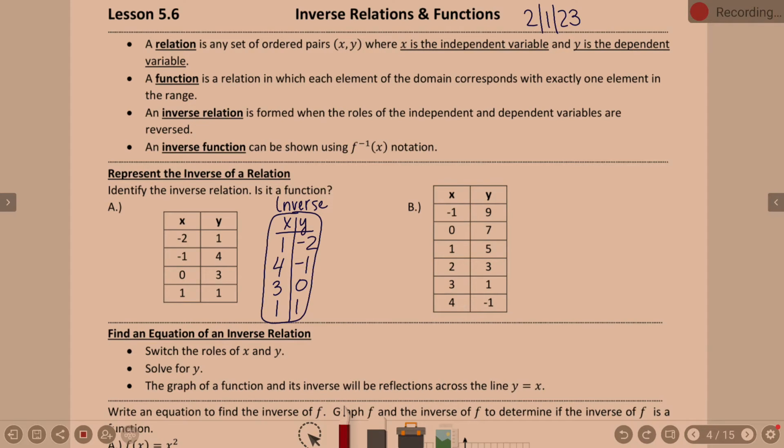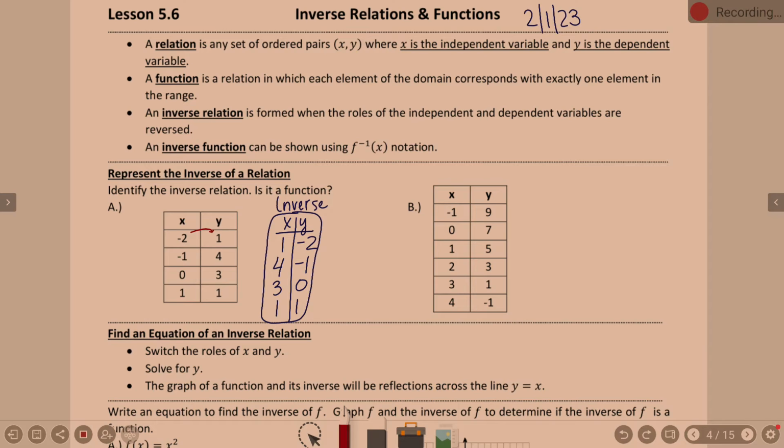Now, while we're here, I also want to talk about functions. Let's go to this original relation. I know that's not just what the question asked me, but these original 4 ordered pairs, is this a function? If it's a function, each element of the domain corresponds with exactly one element of the range. Does negative 2 go with 1 and only 1?